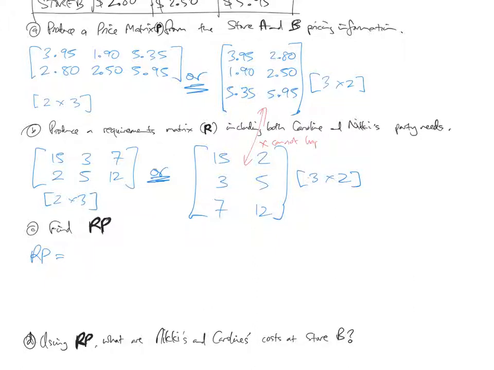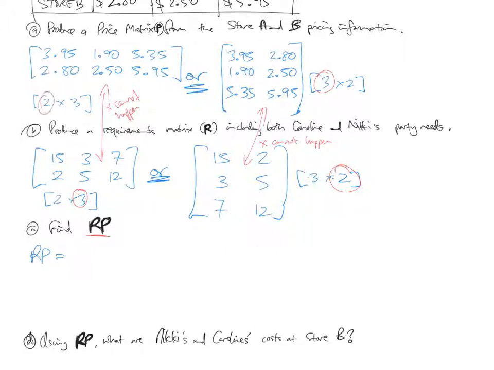You cannot multiply between those two because the number of columns in the first is not equivalent to the number of rows in the second. I'm saying first and second because we're doing RP here, so there's an order to that. I can't do these two; it cannot happen.